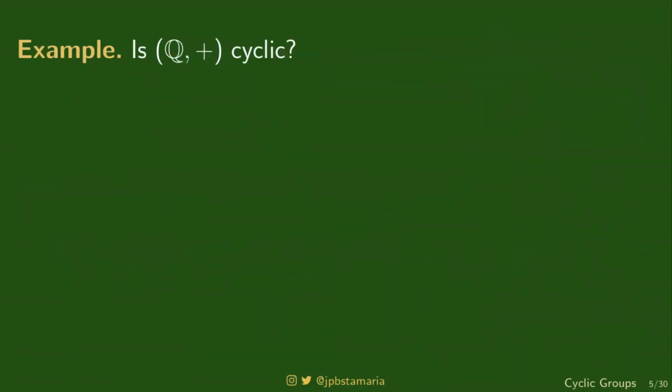Okay. May tanong si Sir. Si Z plus ay cyclic, di ba? Correct. How about Q plus? This is the set of all rational numbers under addition. Is this group cyclic?